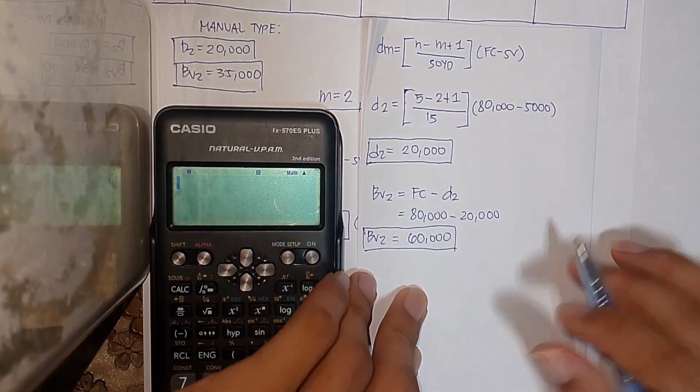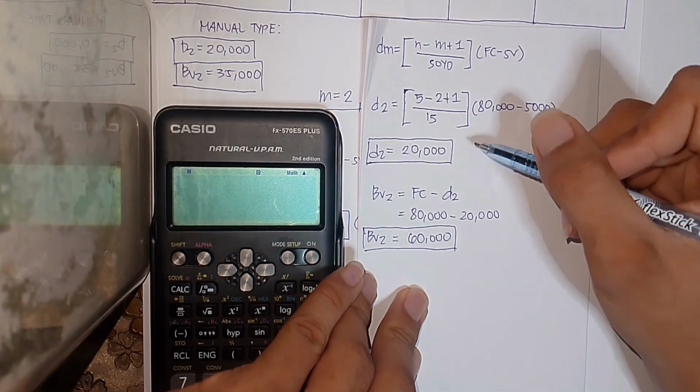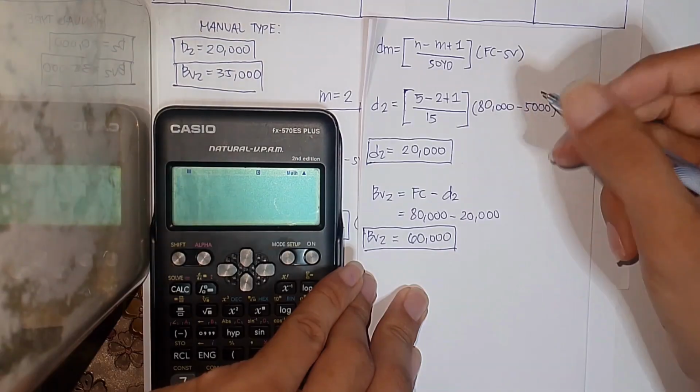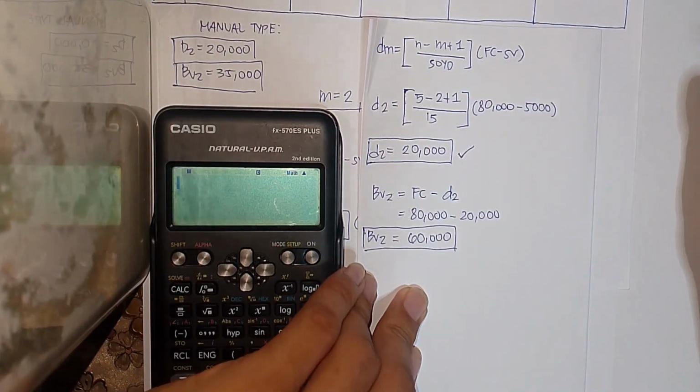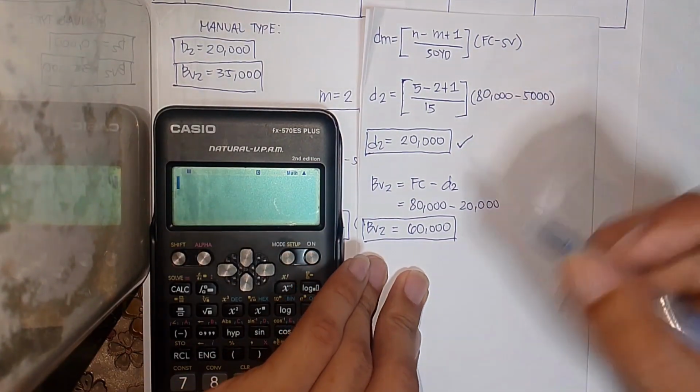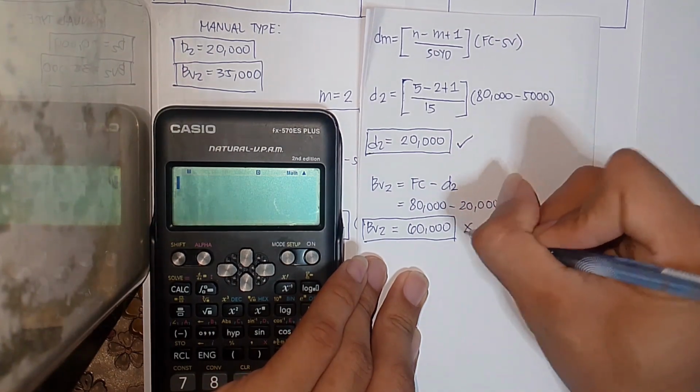As you can see, our D2 is correct, which is equivalent to the D2 of 20,000. So our D2 computation is correct. But our book value for year 2 is wrong.